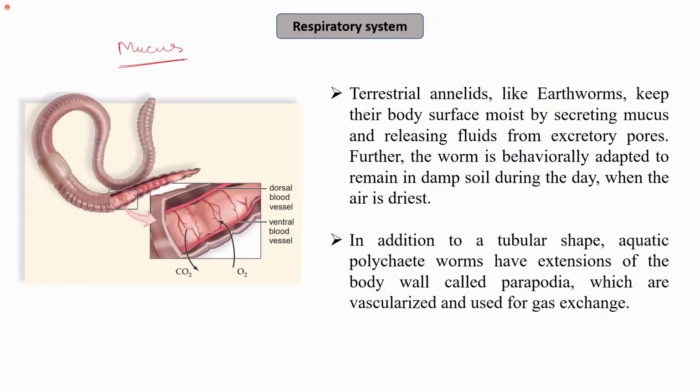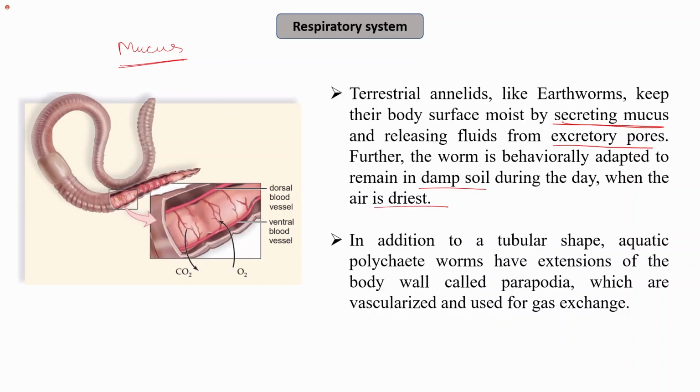This mucus helps in keeping them moist, preventing their body from getting dry, and releasing fluids from the excretory pores. So these things help in keeping the surface of the terrestrial annelids moist. Further, the worm is behaviorally adapted to remain in the damp soil during the day when the air is driest. So that is why it keeps its surface moist.